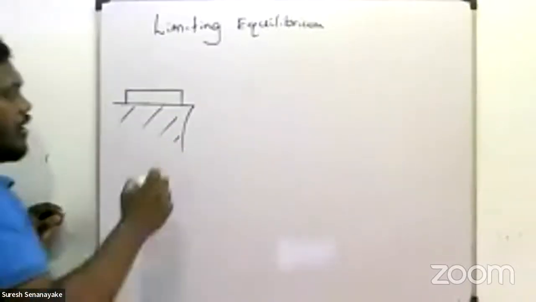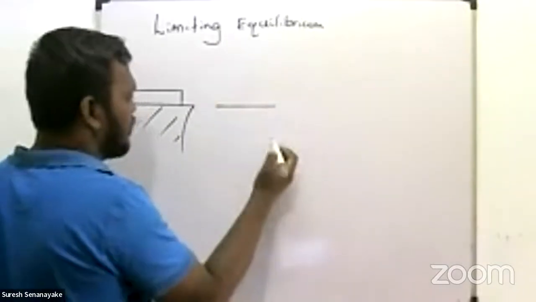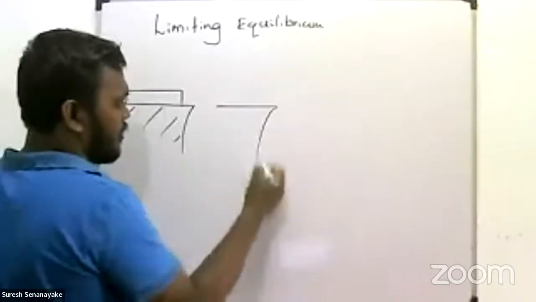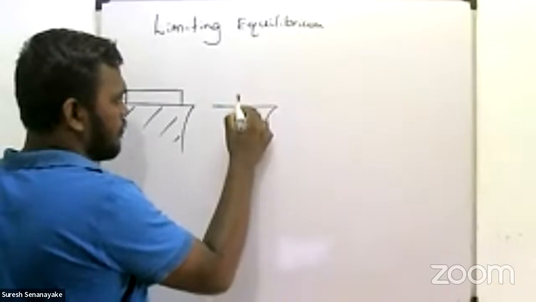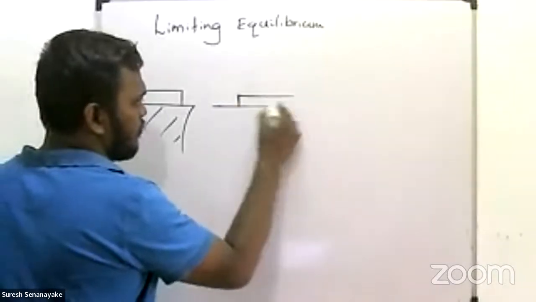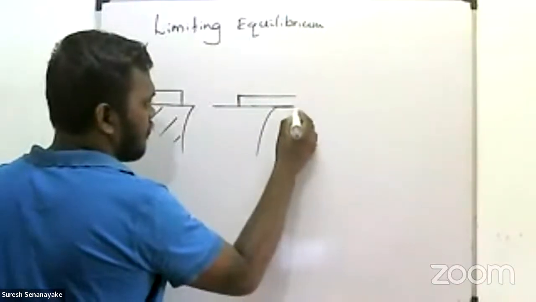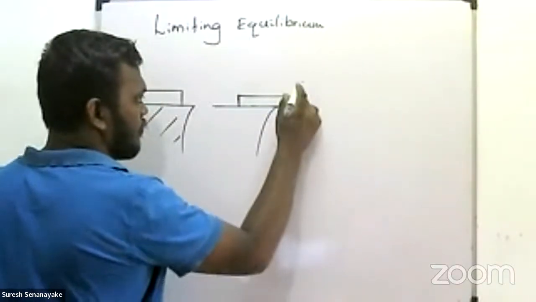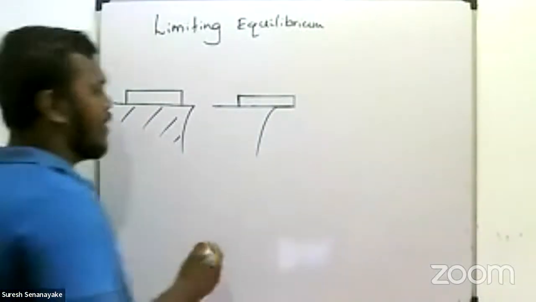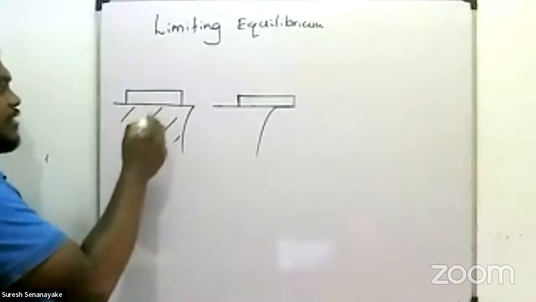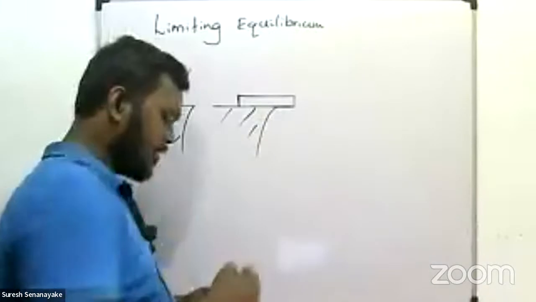If I draw the body, let's say at the edge of the table, similar to this, you can see here the weight of the body acting top down.